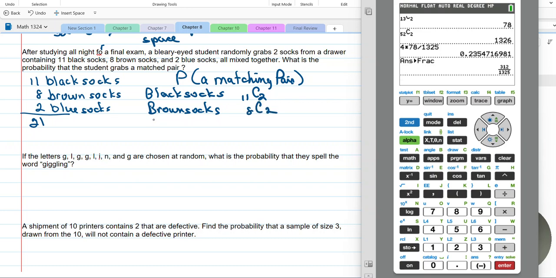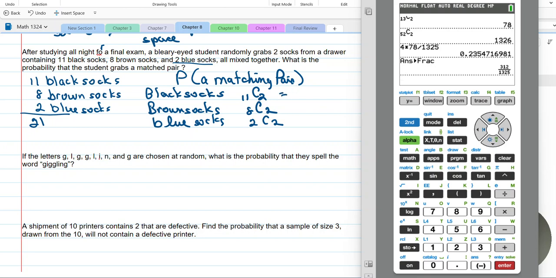And then we have the blue socks, and that is 2 choose 2, right? Yeah, because they only have 2 blue socks. All right, so we know that one's 1. And they're an and. This and that and that.